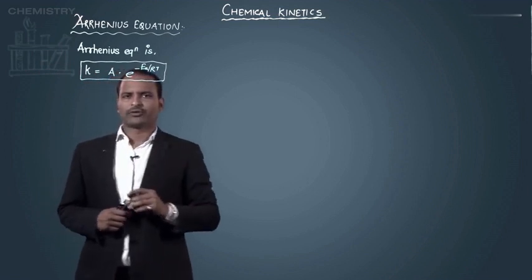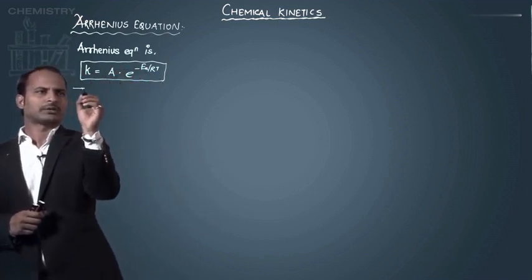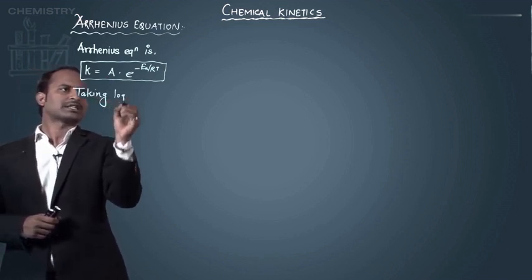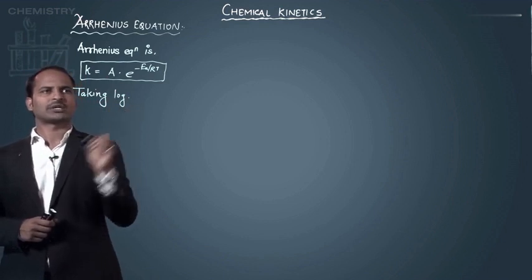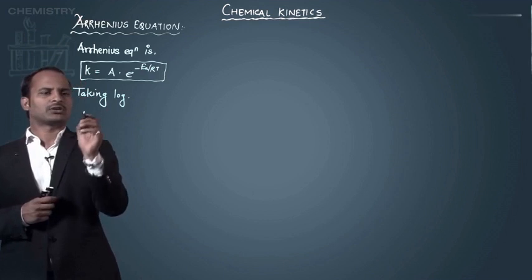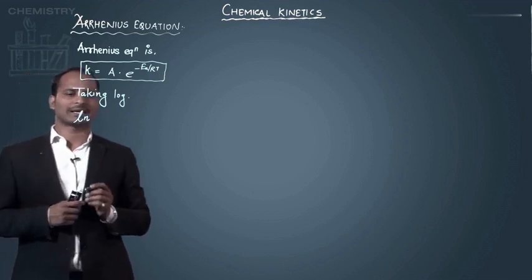Now let's write it in the log form. Taking a log on both sides, the e will be removed. Since it is an exponential form, we will take a log to the base e, which can also be written as ln.